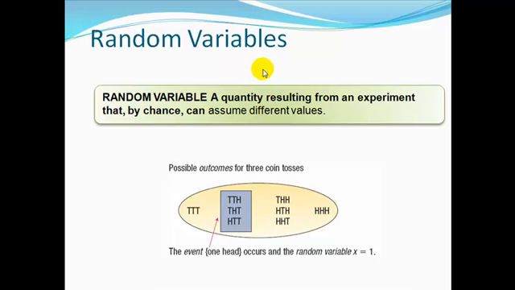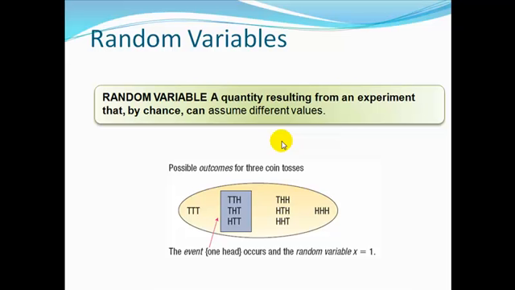Okay, random variables. A random variable is a quantity resulting from an experiment that by chance can assume different values. What does that mean? Use our same example.